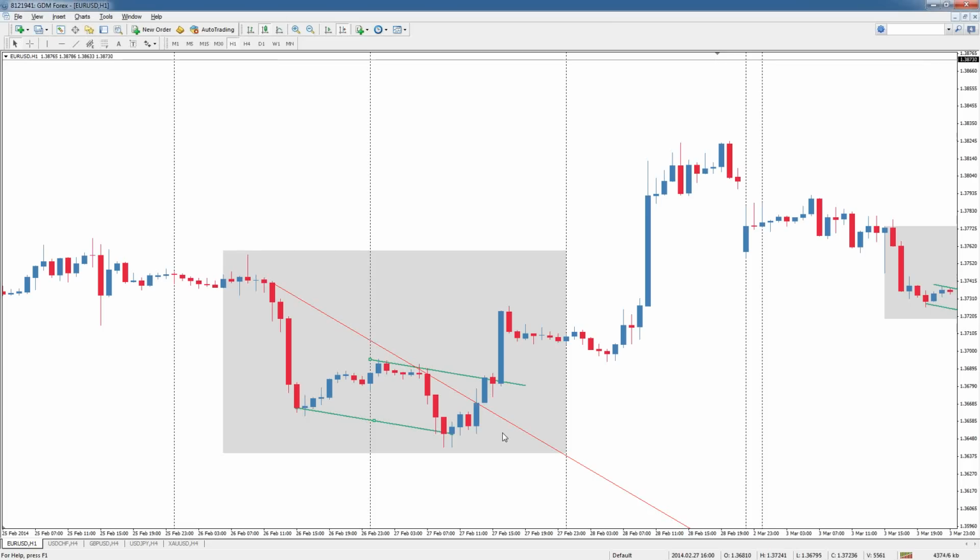Now some traders, which would follow a more aggressive approach, would essentially look for their entry somewhere in between the green and the red line, right here. They would put their stop loss below the red trend line, and their take profit would pretty much be based on the same rules.